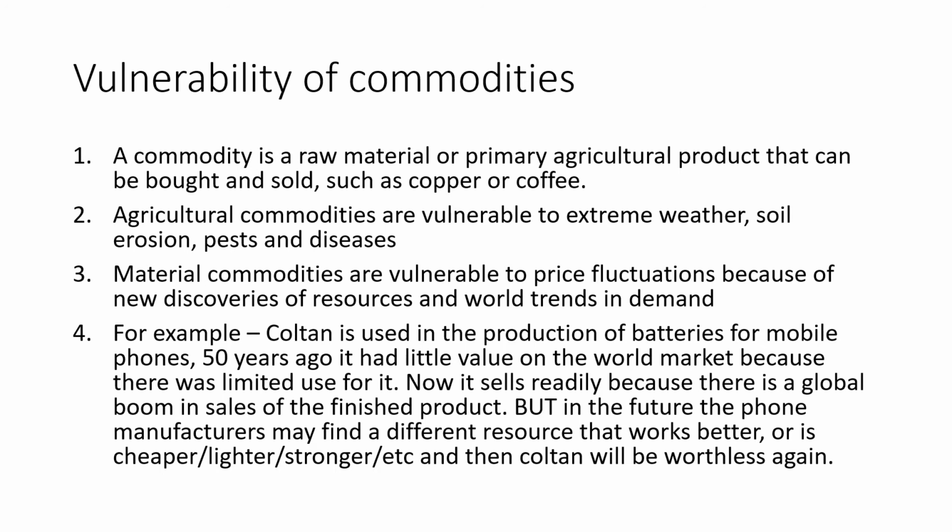Agricultural commodities are vulnerable to extreme weather. Think about it, an agricultural commodity is something that you grow, something that you farm. So obviously they're vulnerable to extreme weather, they're vulnerable to soil erosion, any kind of pests like locusts, and they're vulnerable to diseases.